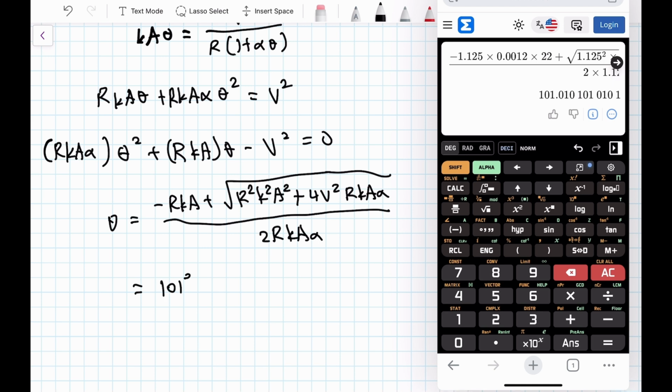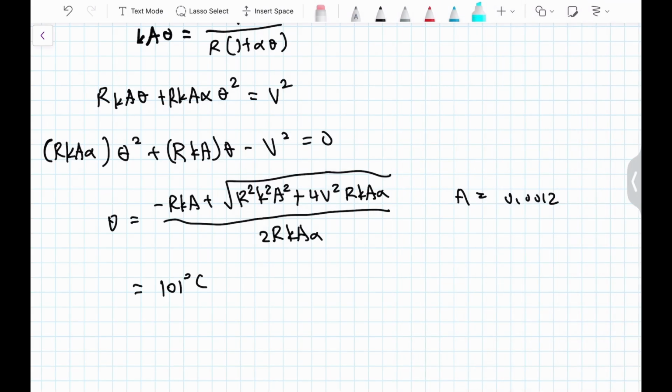That seems a bit high. Okay, well, suppose it should be the case. Yeah. And so we have 101 degrees Celsius for the answer.